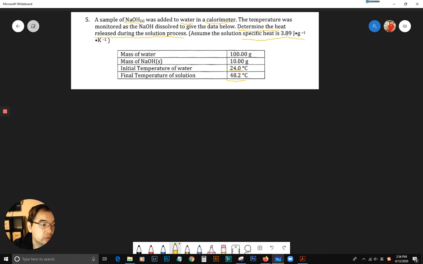This is kind of like a calorimeter question, but instead of a metal, it is a solution. So we have a calorimeter, and this is the isolated system.